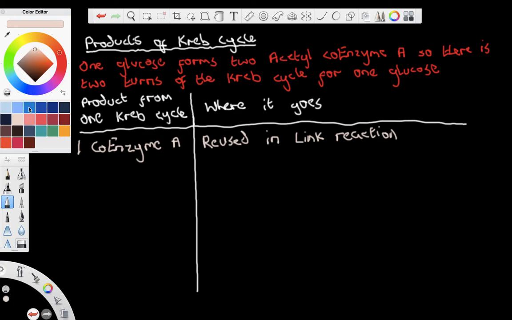At the end of every Krebs cycle, we're also going to have 1 oxaloacetate. So remember, although it's a cycle, if we start at oxaloacetate, we're going to end with an oxaloacetate, and this is reused, or just used, in the next Krebs cycle.